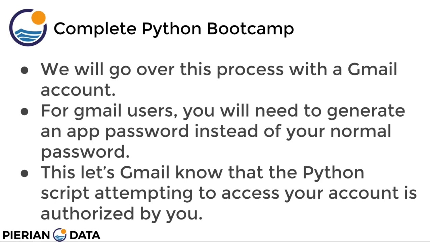That way, in case this application gets compromised somehow, the password you originally used is not compromised. You're able to create a special app password just for your Python script, and it also lets Gmail know that you're specifically authorizing this other application, our Python script, to access your account.